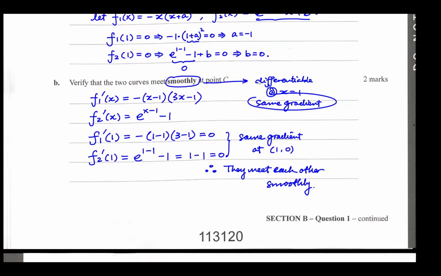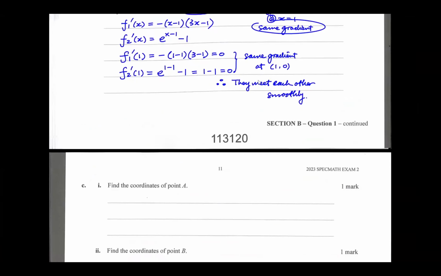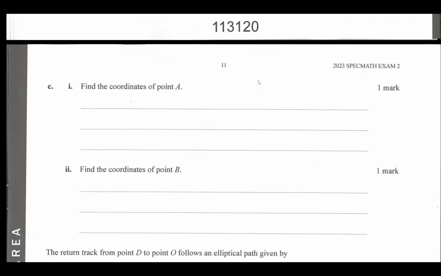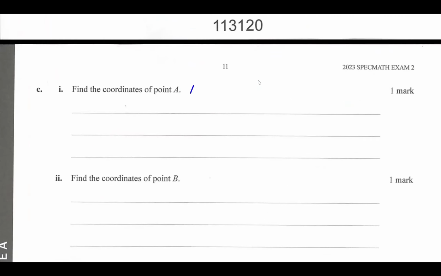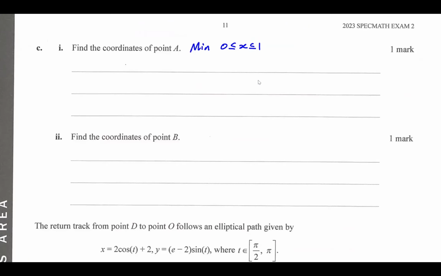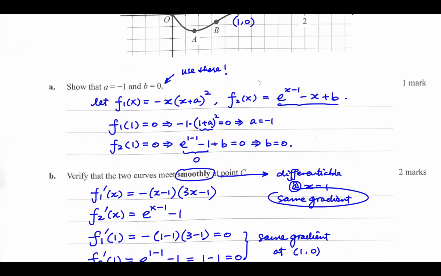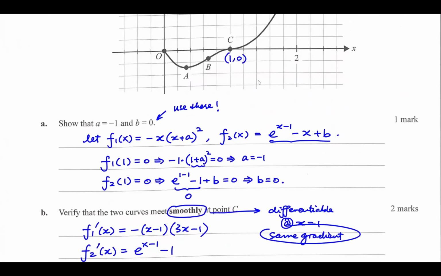All right, so let's have a look at the next part. We want to find the coordinates of point A, which is the minimum from 0 to 1. And also we want to find the coordinate of the point B, which is the point of inflection. And according to the diagram, that's also between 0 and 1.